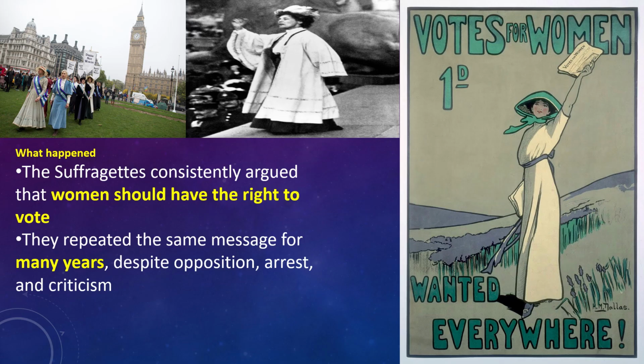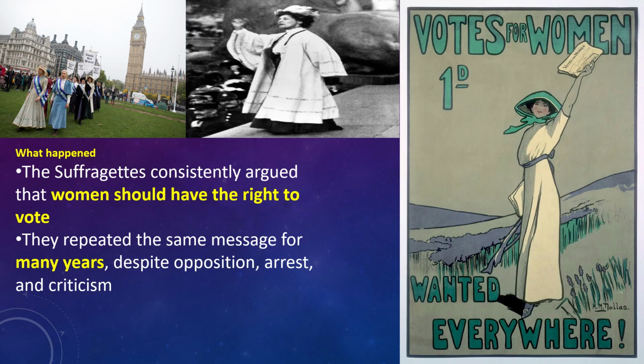I'm going to show you an example of consistency: this is Votes for Women, wanted everywhere. During the 19th century, a minority group of women challenged the majority to get the right for women to vote. The suffragettes consistently argued that women should have the right to vote.